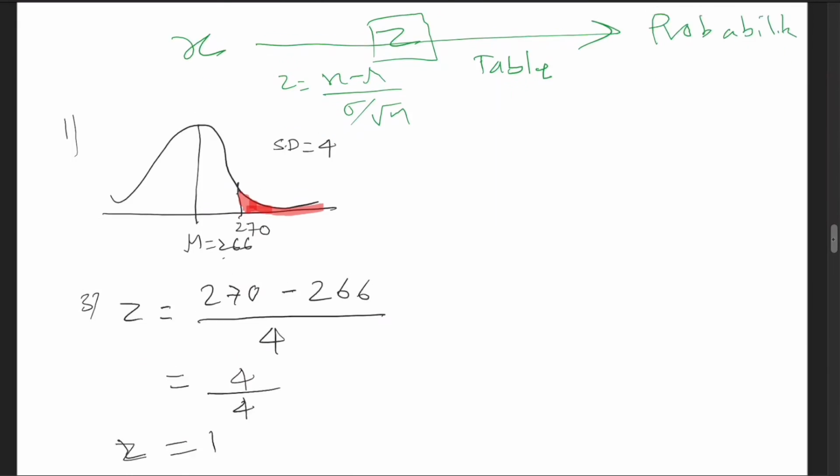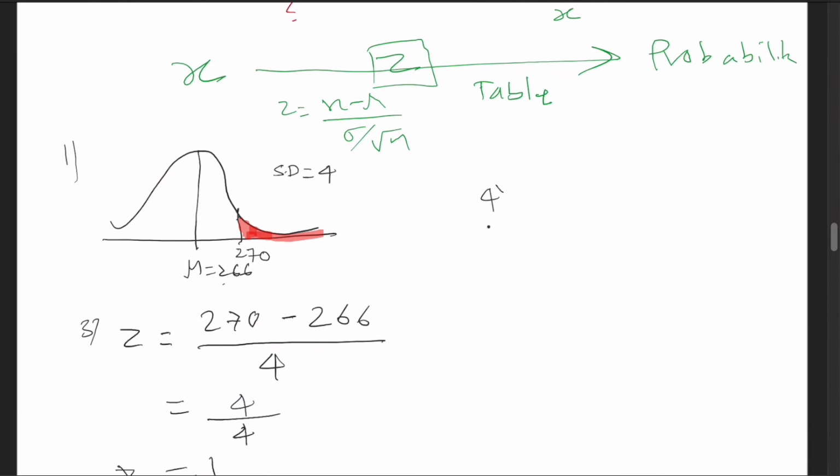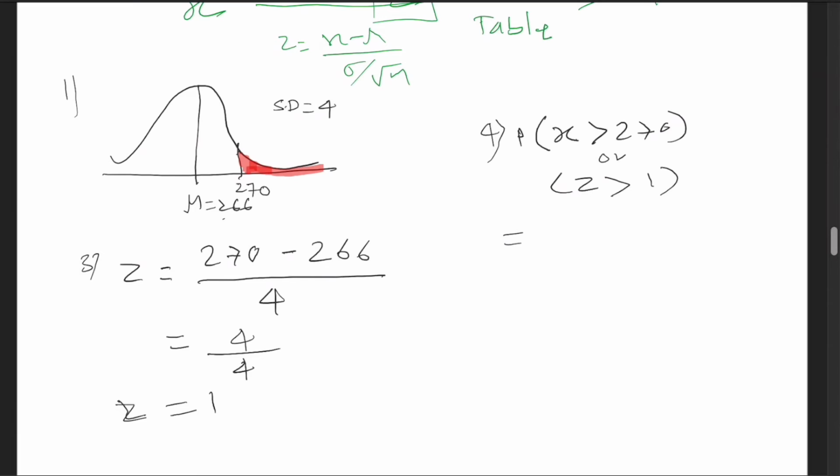Once you know the z, the only step left is to calculate the probability using the table and the z value. The probability of interest, or area of interest, is x greater than 270, or you can also say z greater than positive 1. That is the red area on the right side of the x value 270.